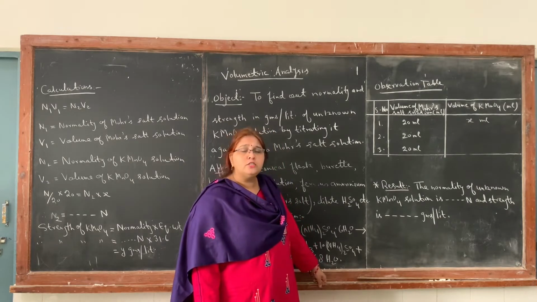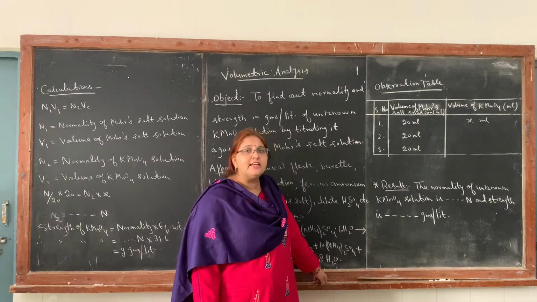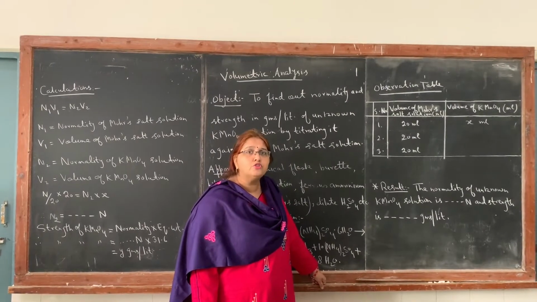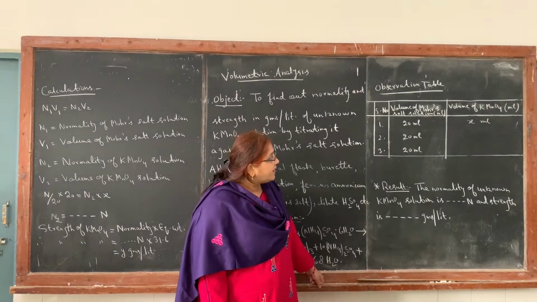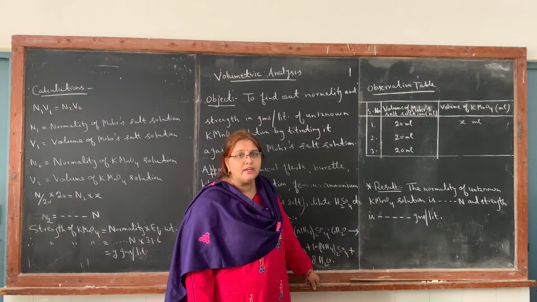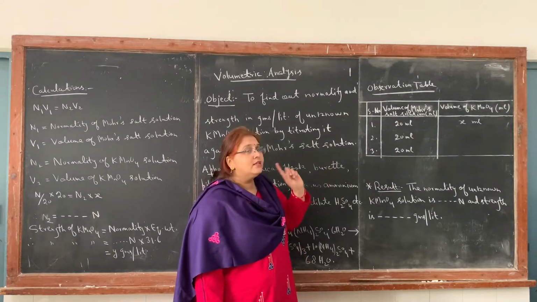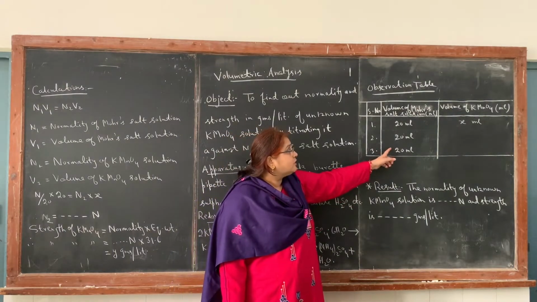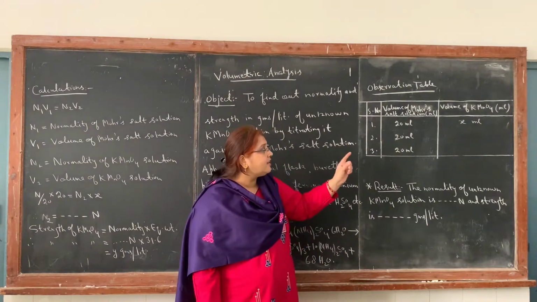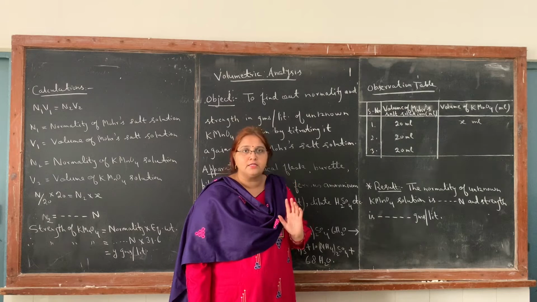The volume of Mohr's salt solution will be fixed, that is, we take 20 ml of Mohr's salt solution every time. The volume of KMnO4 will be different every time because the Mohr's salt solution will be titrated by KMnO4 solution. This is the reading which we will obtain from the burette.